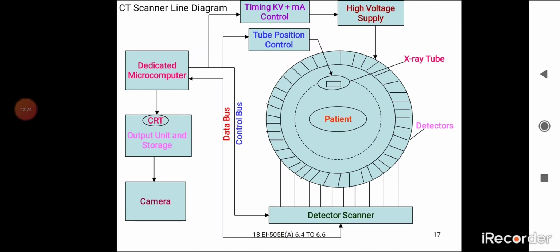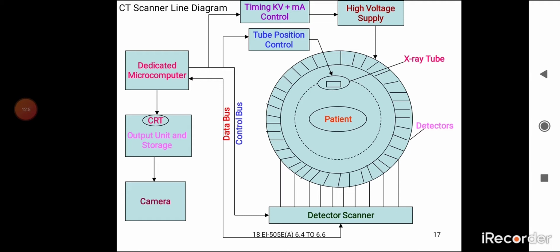The CT scanner line diagram consists of various blocks, as we can see in the picture. The dedicated microcomputer is connected to the timing, kilovolts and milliamps control, which is connected to the high voltage source.